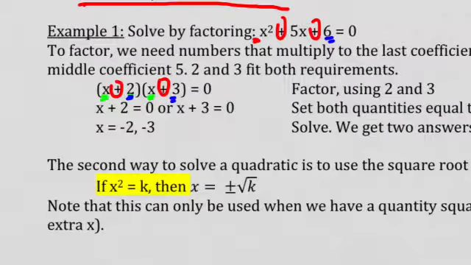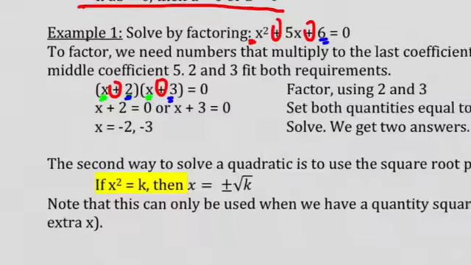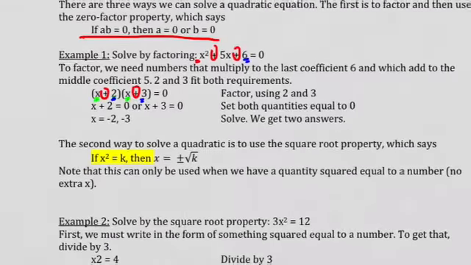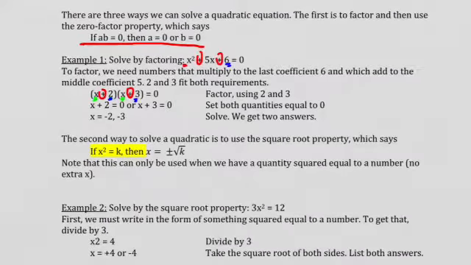To make 6 when you multiply, it's going to be 2 by 3. We end up with (x plus 2)(x plus 3) equals 0. Using the zero factor property, x plus 2 equals 0 or x plus 3 equals 0. We end up with two solutions: x equals negative 2 or x equals negative 3.